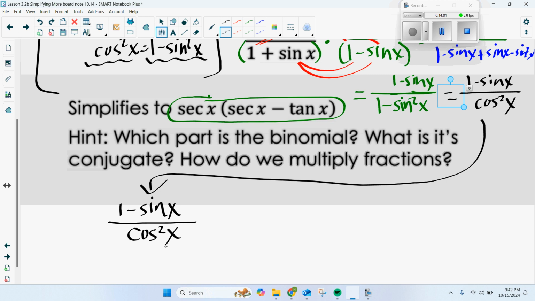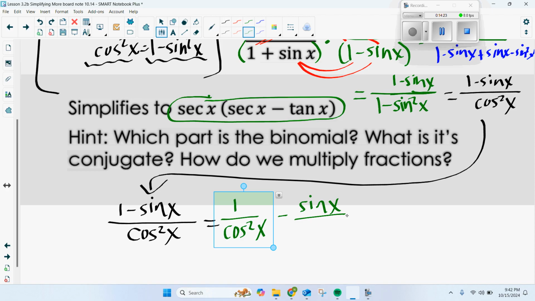Okay, so you know how when we get common denominators, we put the numerators together? It is actually also allowed to pull apart fractions. Since both of these are over cosine squared, I could rewrite it as 1 over cosine squared and then sine over cosine squared.